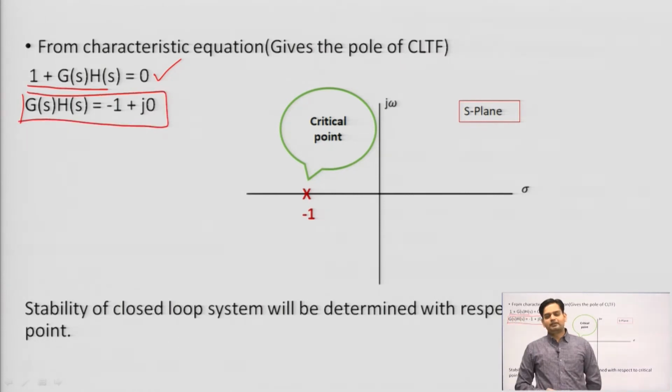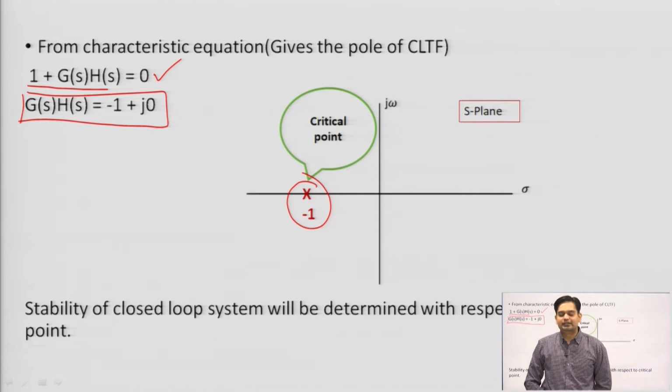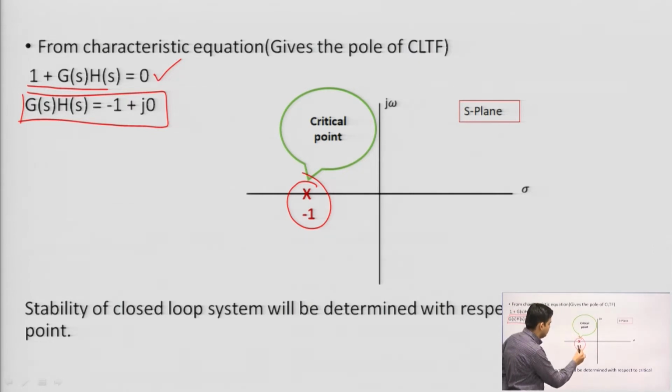So, minus 1 plus j0 will be the critical point in the polar plot. How this critical point will help us in determining stability, we will see in the next session. We will observe that the determination of phase margin, gain crossover frequency, and phase crossover frequency revolves around this critical point, that is minus 1. Okay. We will discuss this concept in the next session.